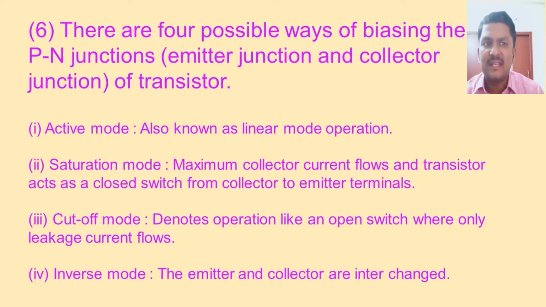And third one is cutoff mode. It denotes operation like an open switch where only leakage current flows. And fourth one is inverse mode. The emitter and collector can be interchanged in this mode of operation.